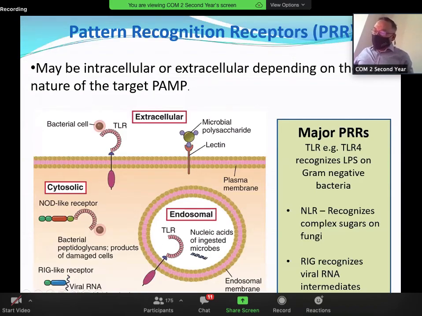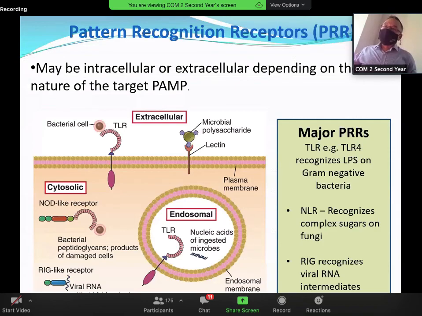One common one is TLR4, which you'll learn about in microbiology, when you understand that TLR4 recognizes lipopolysaccharide of gram-negative bacteria, particularly E. coli. I don't know how much microbiology you know at the moment, but have any of you heard of endotoxic shock?